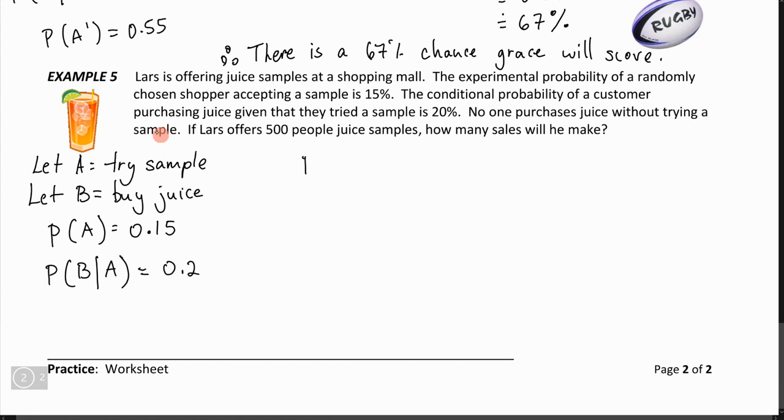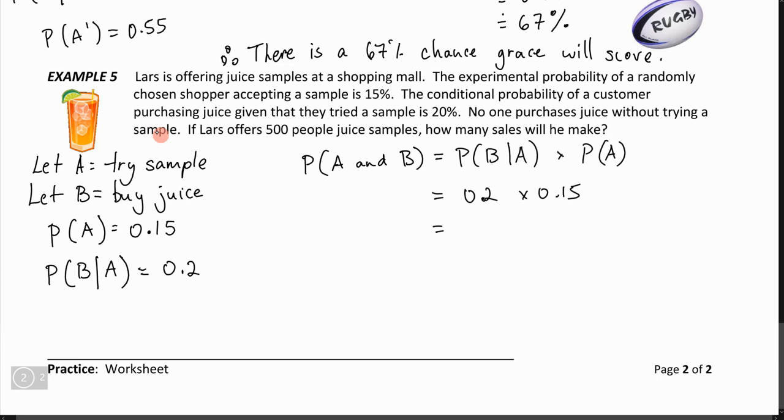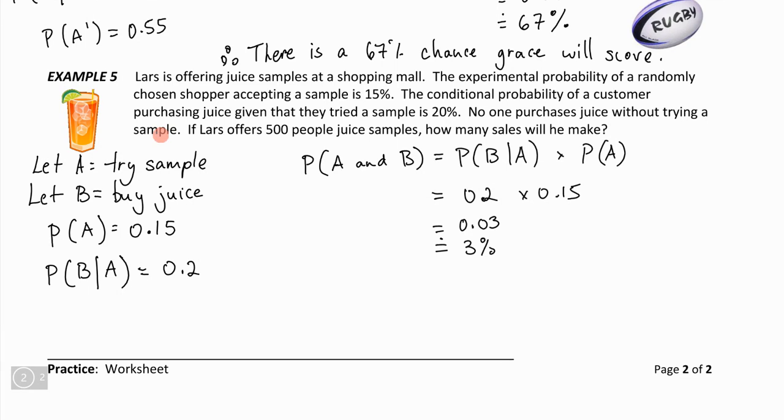And we're asked to find the probability of them trying a sample and buying a juice, so the probability of A and B. Using the formula, it will be the probability of B given A times the probability of A. Multiplying those together, 0.2 times 0.15 gives us a value of 0.03, or 3%. So there is a 3% probability that they'll try a sample and buy a juice.